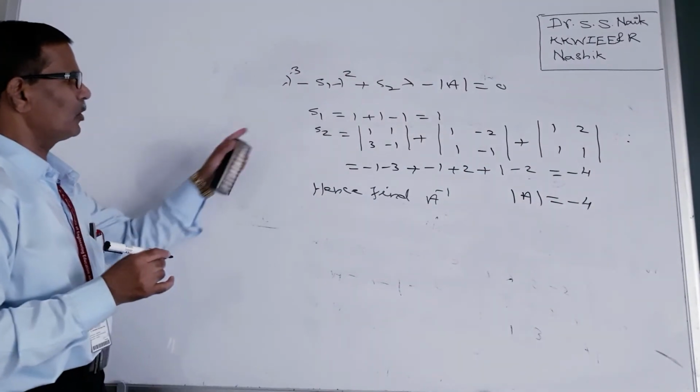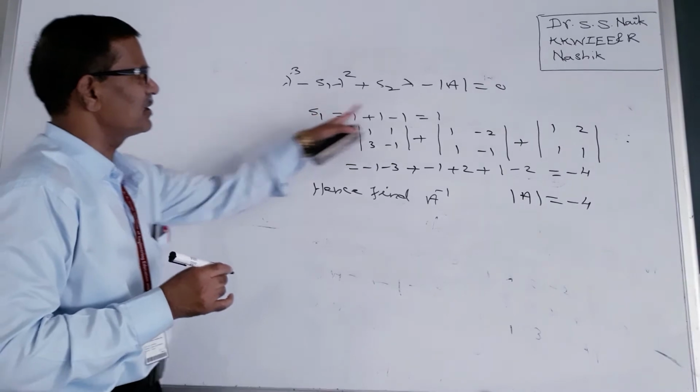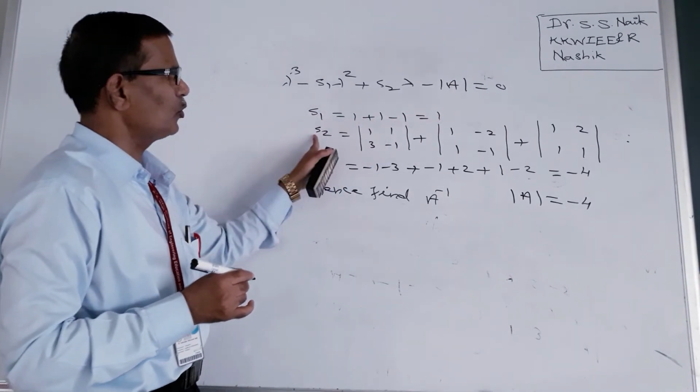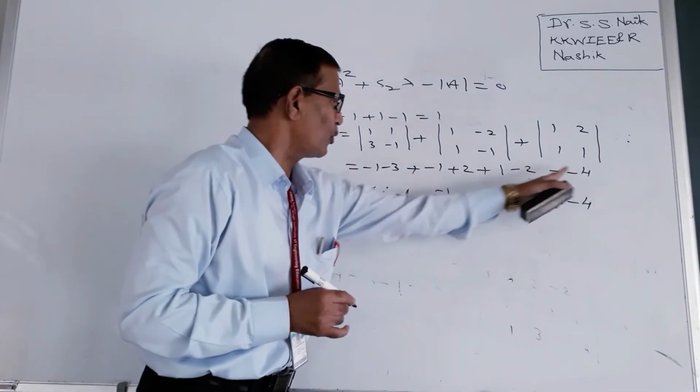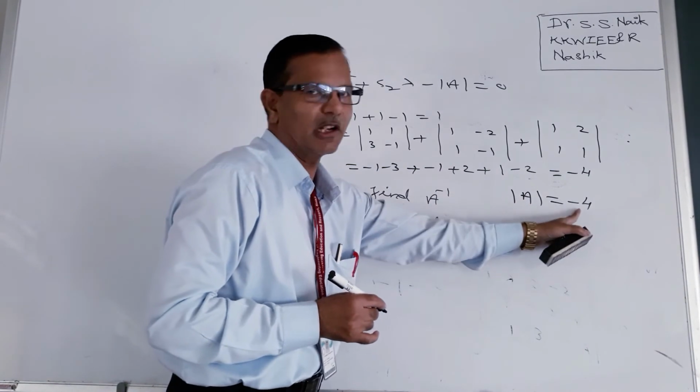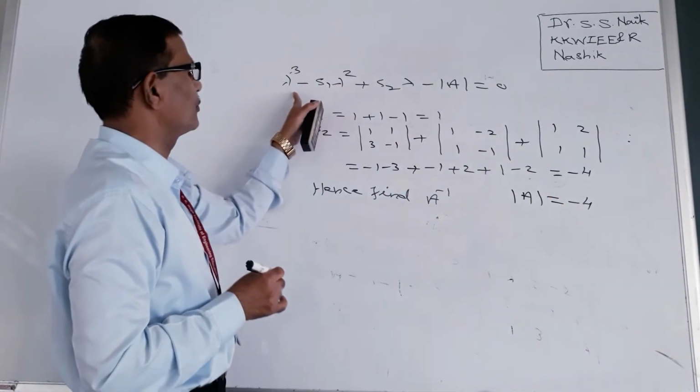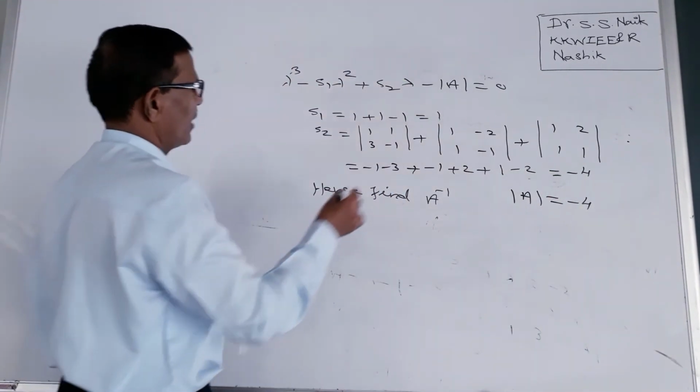So we'll put S1 equal to 1, S2 equal to minus 4, and determinant of A equal to minus 4. I'll substitute these values in this equation, say equation number 1.